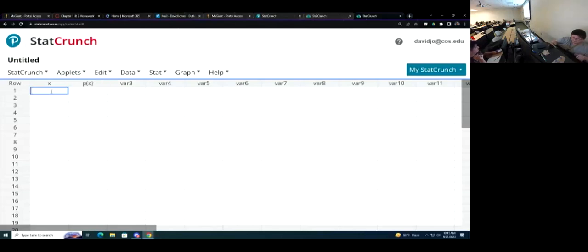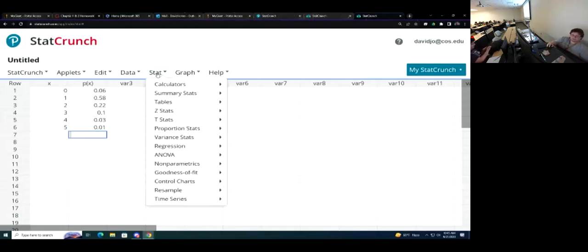Columns, that way now I know what I'm getting. 0, 1, 2, 3, 4, 5. Yeah, 0.06, 0.58, 0.22, 0.1, 0.03, and 0.01.